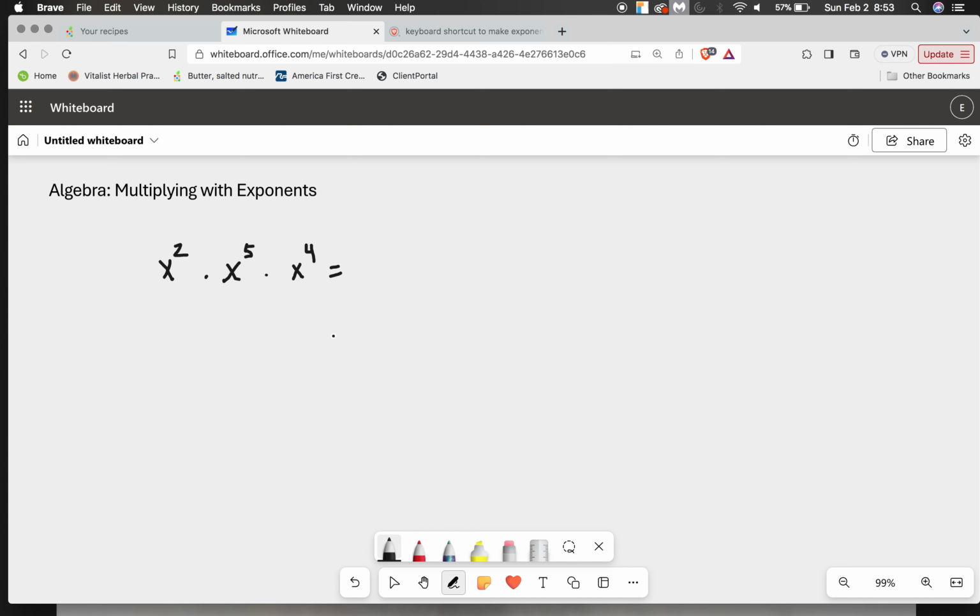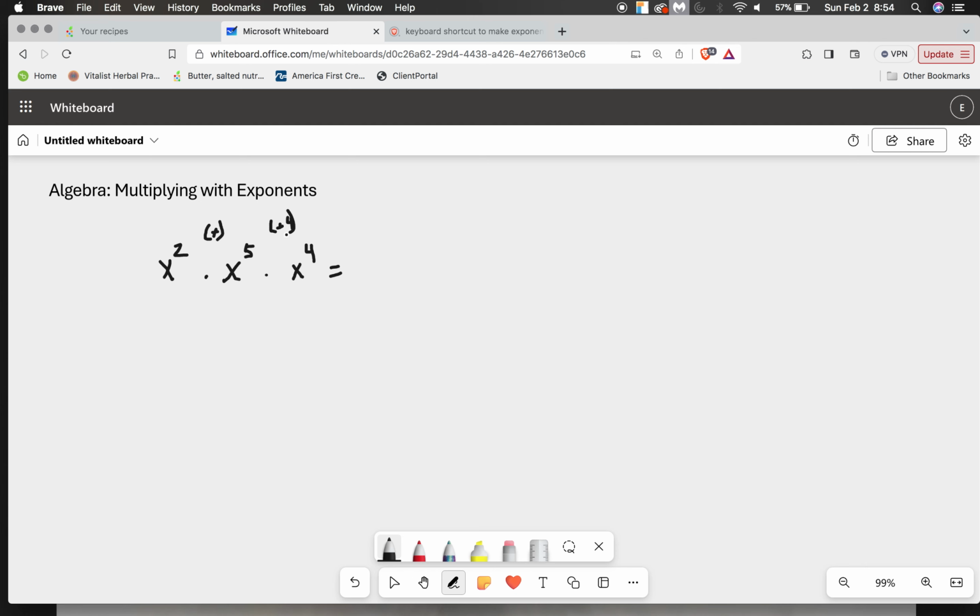Well, what's the answer to that one? Now you could write out all the x's that are involved here like we did in the y problem. We could be like, okay, so x times x, and then 5 x's, and then 4 x's, etc. And you could do that if you really wanted to, but you don't really need to, because you can just look at these exponents and think, okay, what's 2 plus 5 plus 4?